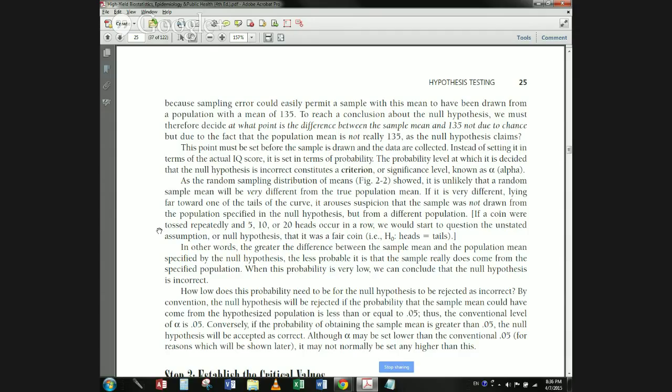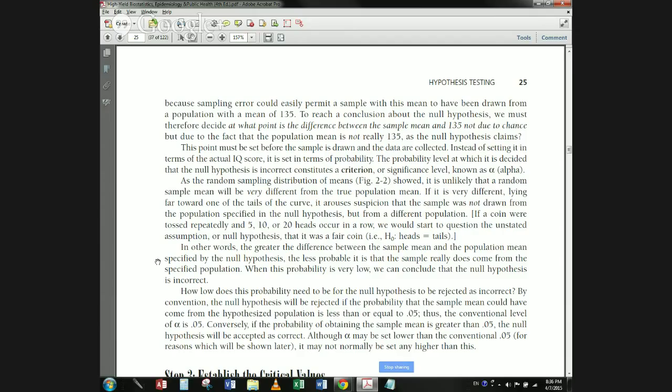If a coin were tossed repeatedly and 5, 10, or 20 heads occur in a row, we would start to question the unstated assumption or null hypothesis that it was a fair coin, i.e., where heads is equal to tails.